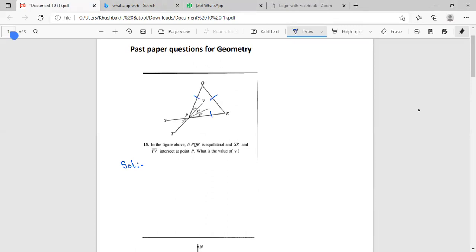And SR is a line segment, and TV intersects it at point P. So PQR is an equilateral triangle, which implies all the sides are equal. SR and TV are two line segments intersecting at point P. And the question is, what is the value of Y? Let's do it together.